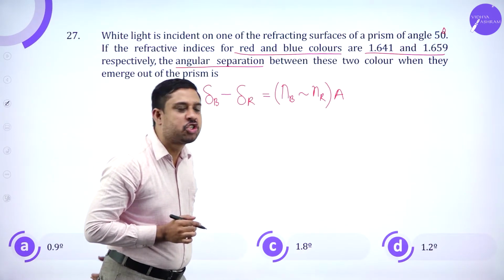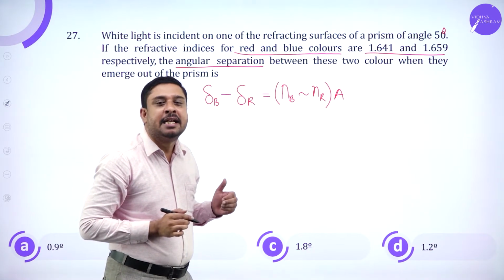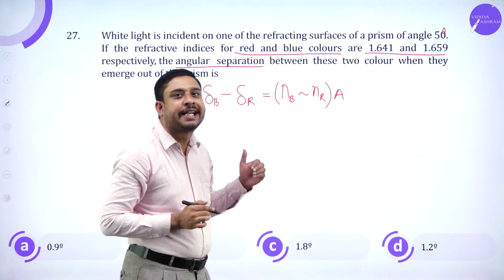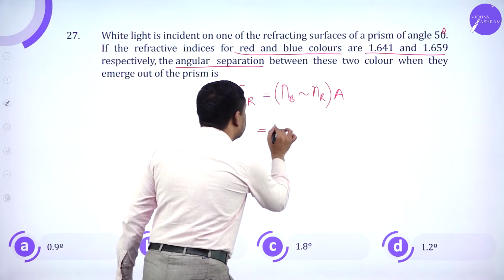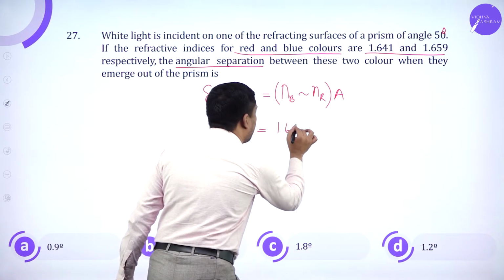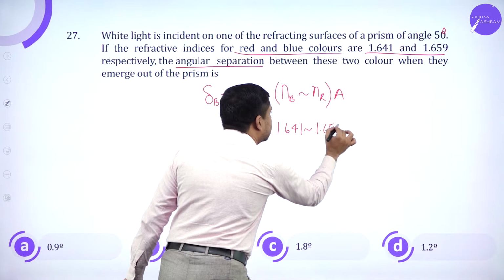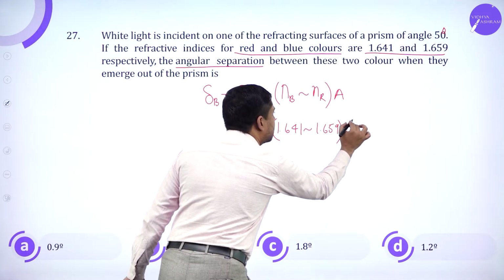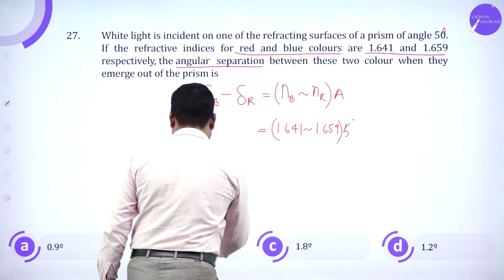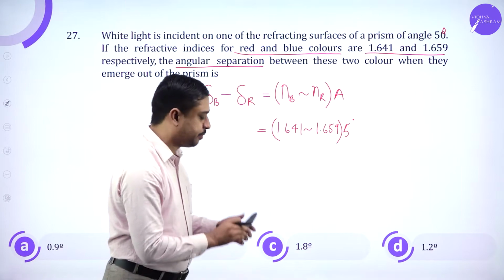Angular dispersion is the difference between the two refractive indices into the angle of the prism. So 1.641 minus 1.659. Angle of the prism is 5 degrees. So 0.09 degrees is the answer.